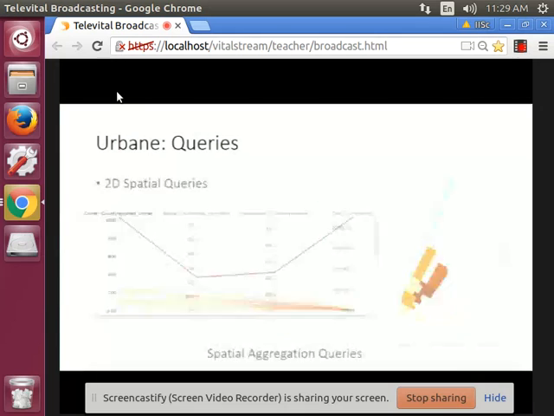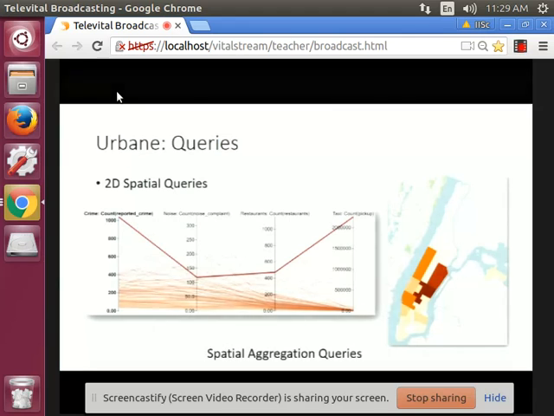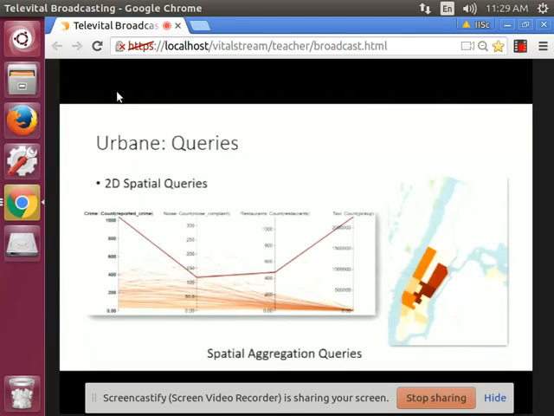The other type is the 2D spatial queries that you can have. No, sky exposure just says, can I look at the sky or not? It has nothing to do with sunlight as such. It's not going to change at any point, unless a new building comes up.